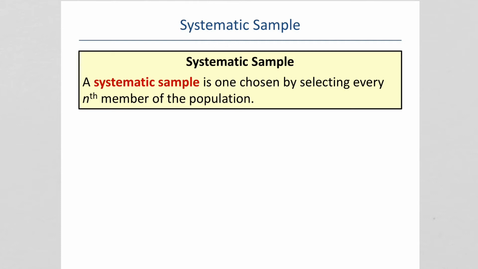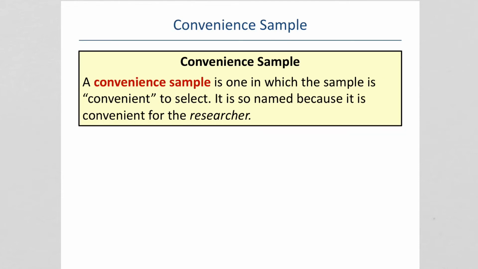A systematic sample is one chosen by selecting every nth member of the population, like every fifth person in a phone book or something. And a convenient sample is one in which the sample is convenient to select. It's so named because it's convenient for the researcher.